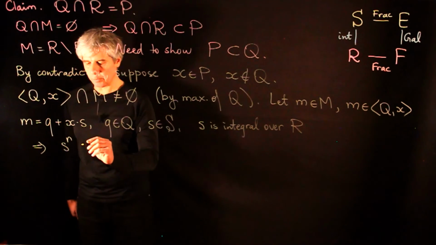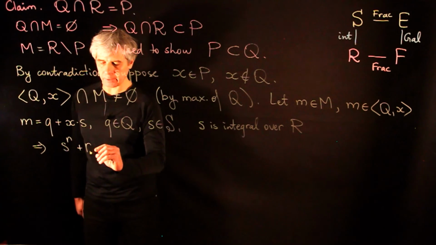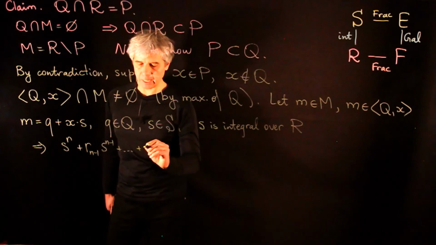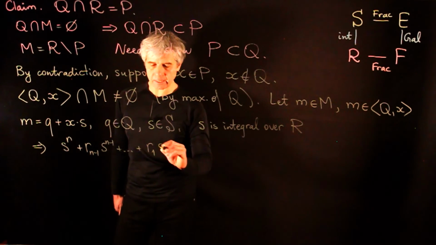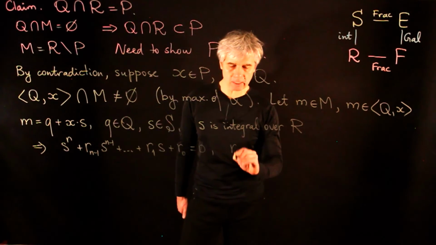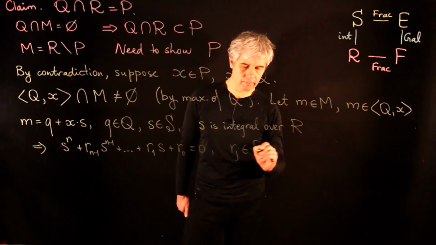So we have s to the power n plus r_{n-1} s to the n minus 1 plus ... plus r1 s plus r0 is equal to 0, where the r_j's are elements of the ring R.